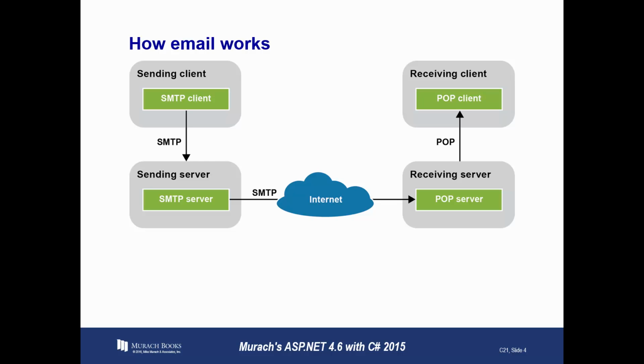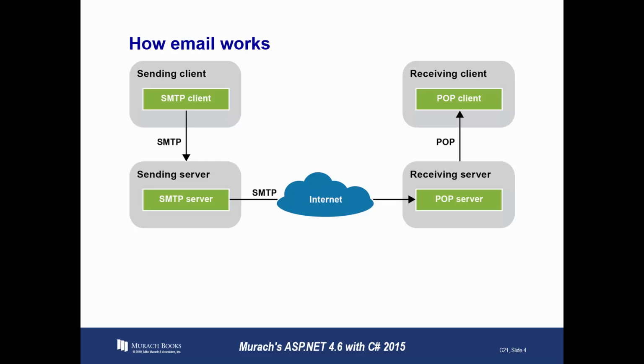When you send an email message, the message is first sent from the client software on your computer to the mail server using SMTP. Then the mail server uses SMTP to send the mail to the recipient's mail server. Finally, the recipient mail client uses the POP protocol to retrieve the mail from the recipient's mail server. So in some ways, it's all kind of magical.